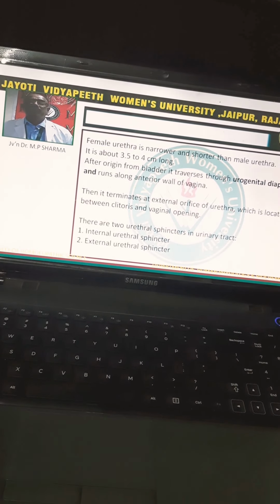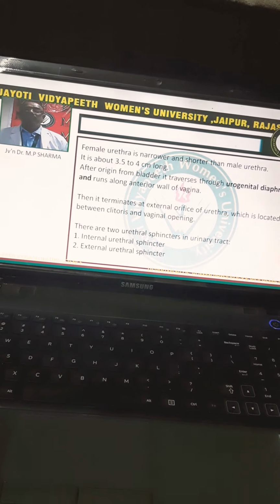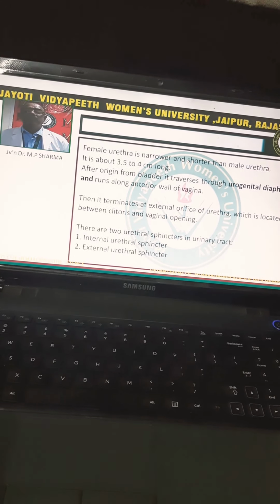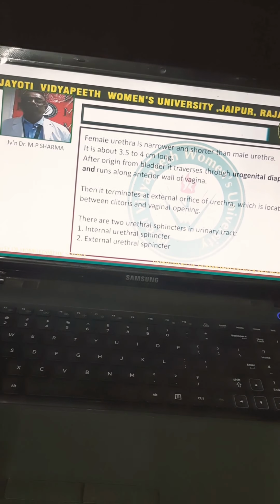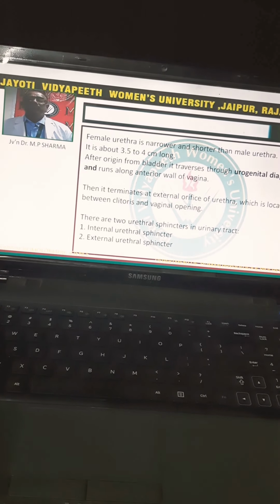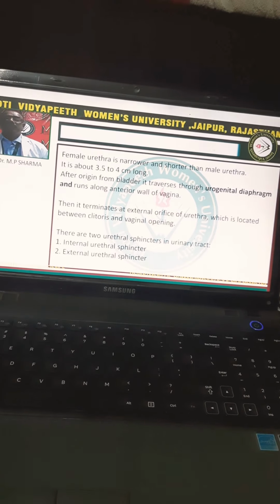Female urethra is narrower and shorter than the male urethra and it is about 3.5 to 4 centimeter long. After origin from the bladder, it traverses through urogenital diaphragm and runs along anterior wall of the vagina.